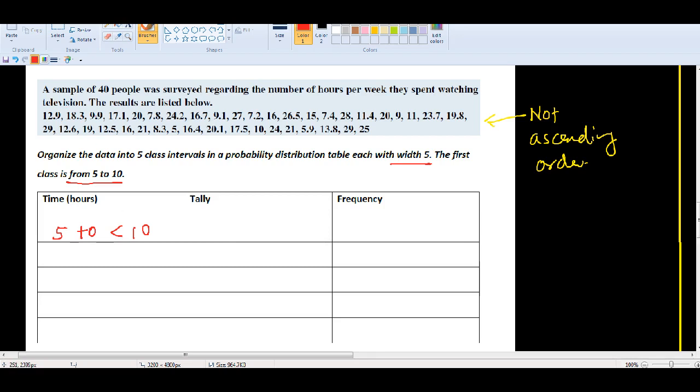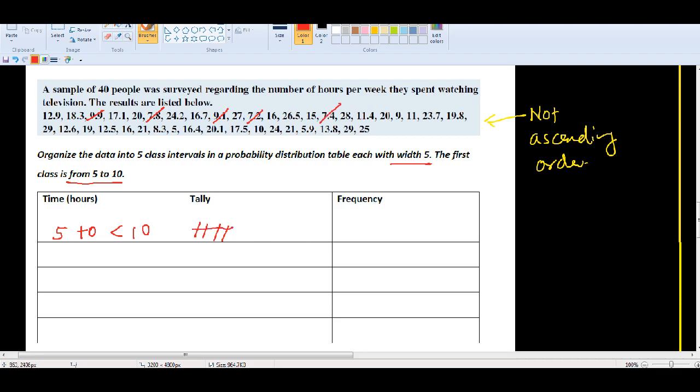Let's see. 9.19 is 1, and 7.8, another one. 9.1, another one. 7.2, another one. 7.4, another one.